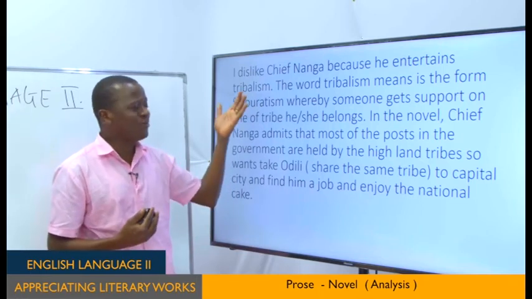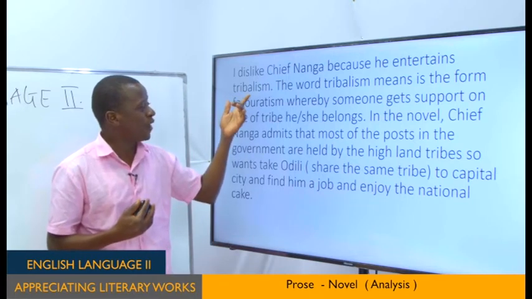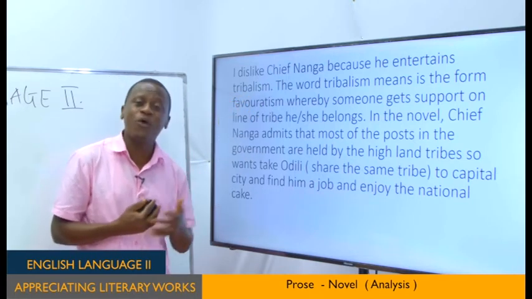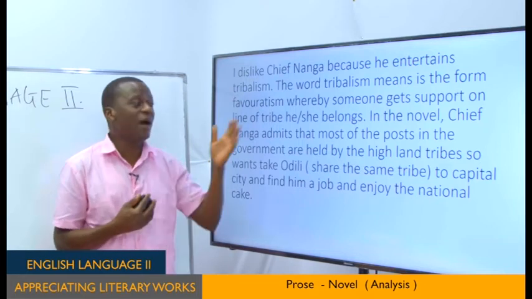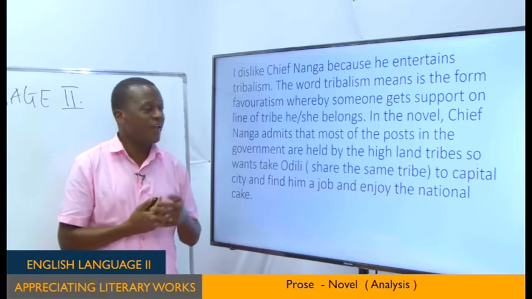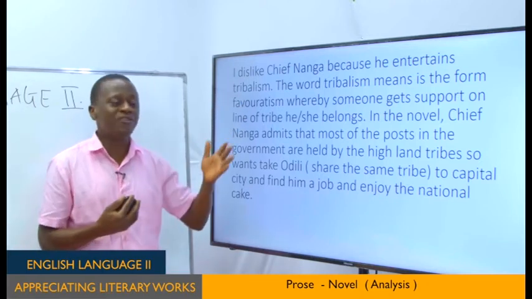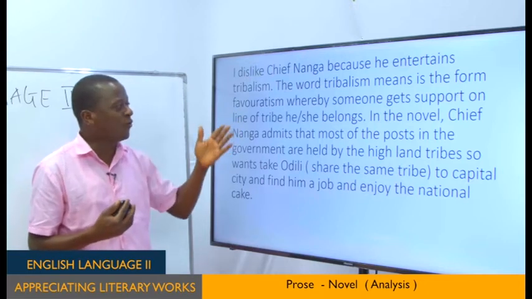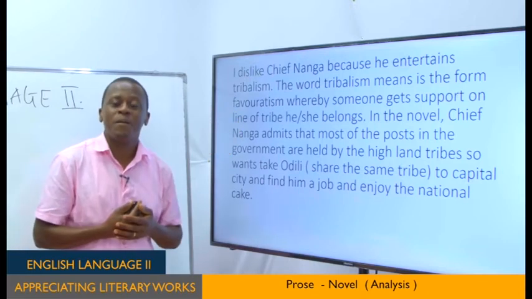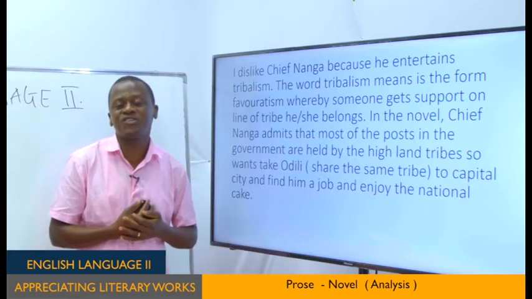We have seen how this behavior has led to conflict or chaos in some countries. Remember Tutsi and Hutu. Kenya now is crying because of tribalism. That one is favored not because of his qualification, but because of the tribe he or she belongs to.